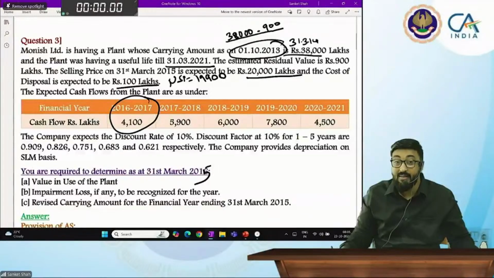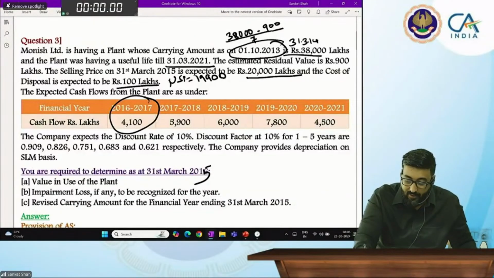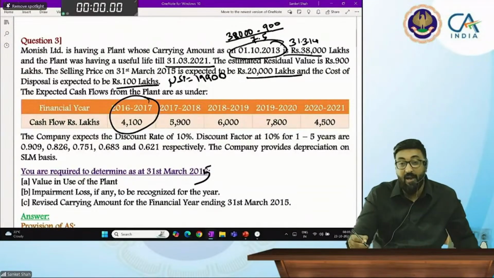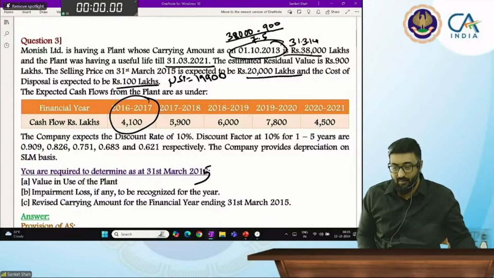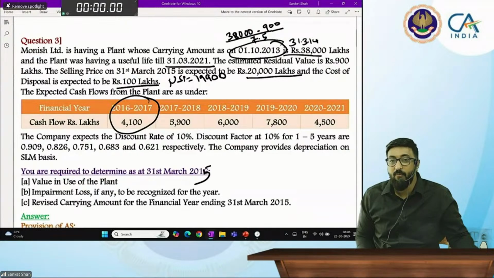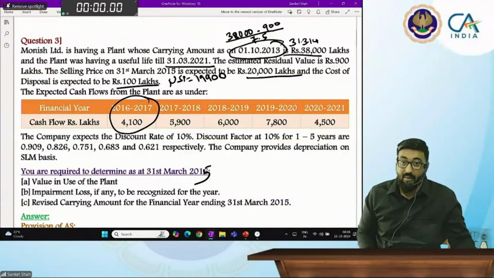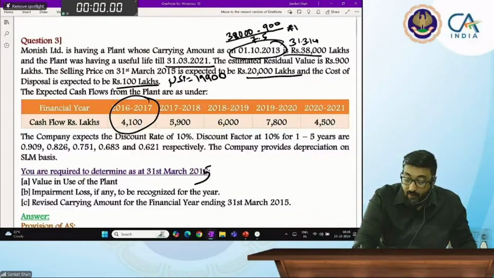And this 6 months means your denominator is 7.5. 75% students will make mistake in 7.5 years calculation. And you are doing this impairment on 2015, that is after 1.5 years.